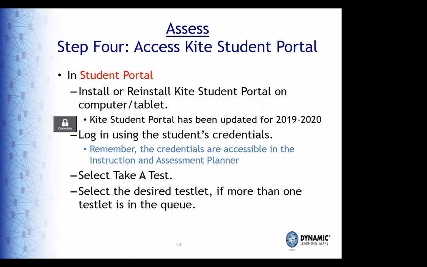You want to make sure you have the most recent update on that. You're going to log in using the student's credentials. The credentials can be found in the Instruction and Assessment Planner. It's going to have the student's username and password. You're going to select the test. And if you've selected that you're ready to assess multiple tests, just select the desired testlet that you're going to use at that time.